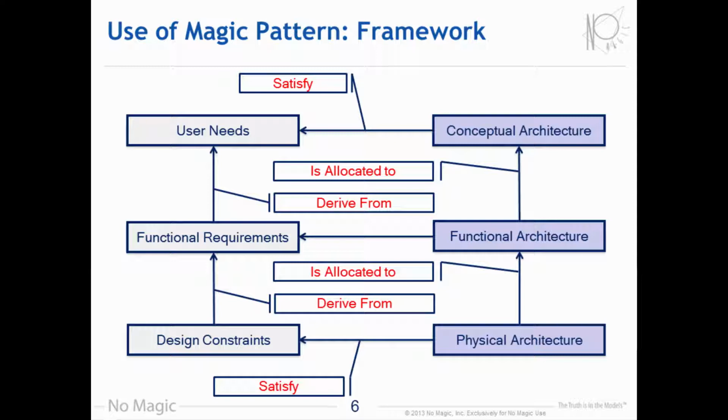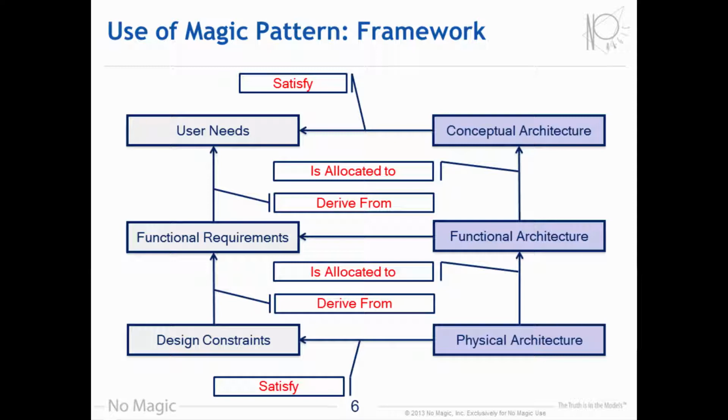So at Magic, what we do, we actually try to promote what we call the magic pattern, and the magic pattern is a kind of recursive pattern, saying that you can actually have multiple levels of architecture, and each lower level of architecture should be traced to the higher one.